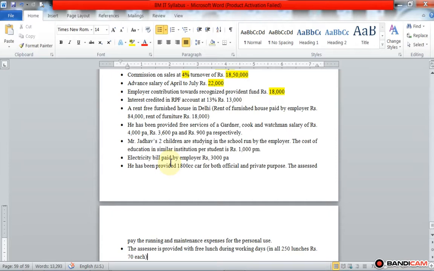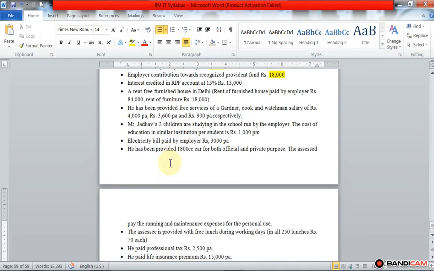So here 1,000 is exempted for two children. Then the electricity bill paid by the employer is added in the salary of the assessee, a fully taxable perquisite.